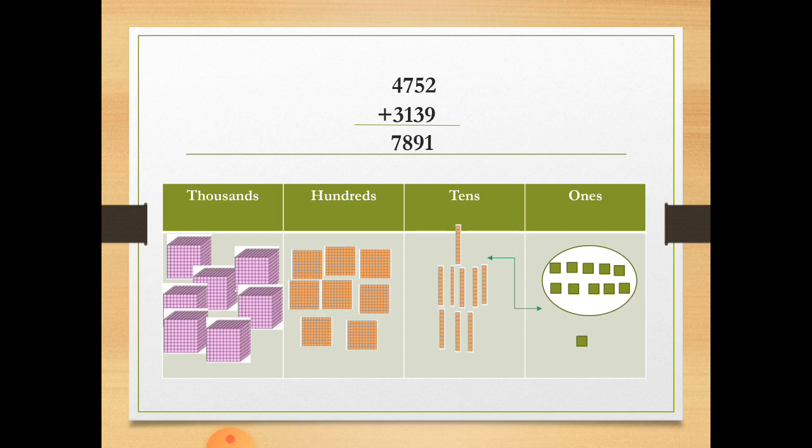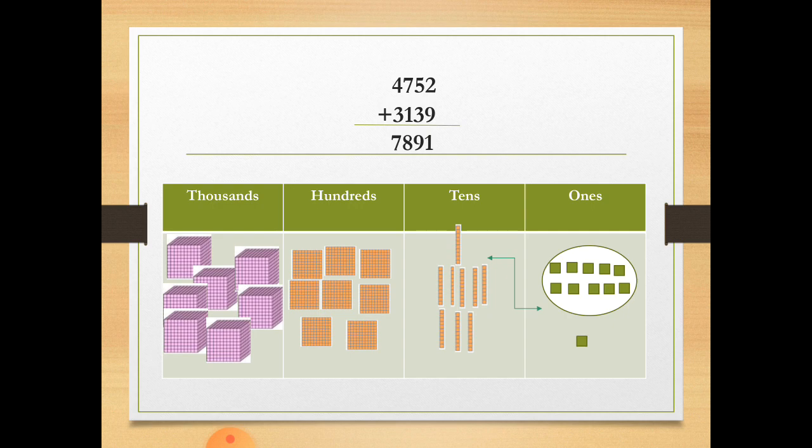2 plus 9 is equal to 11. As we know, we cannot write two digits in one column, so we have to regroup. One block of 10 will be carried over to the tens column, and 1 one is left.